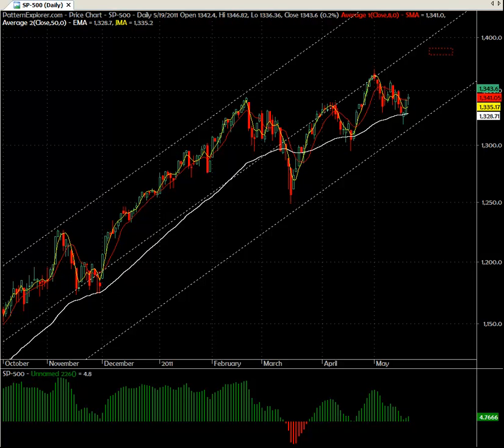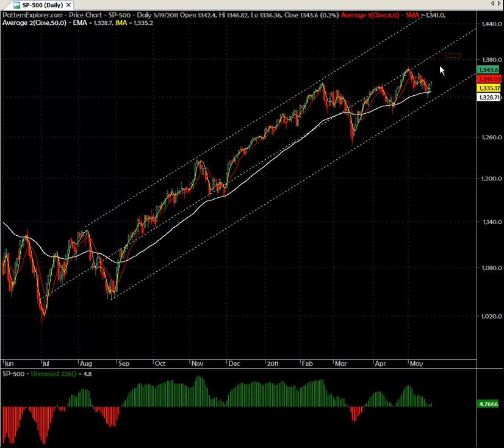But once we do get to a higher level, if we do, and I think it's pretty high probability that we will, then by looking at price action, how price reacts at this median line again, if it comes off, if price declines, then we'll start looking at the clues to see if possibly it is the end of this entire move from the July low up, or is it going to be a pause with another higher move up.